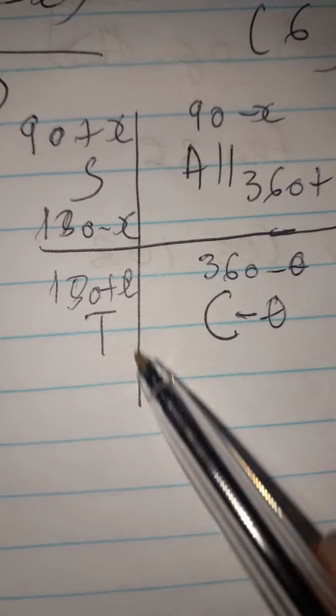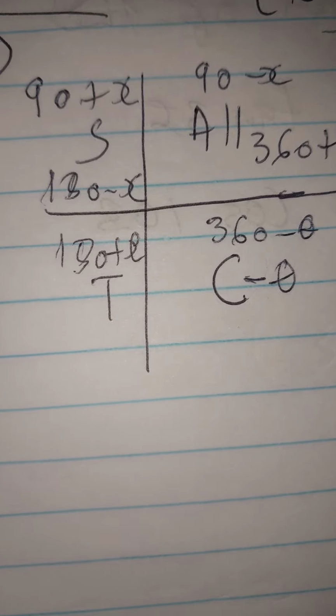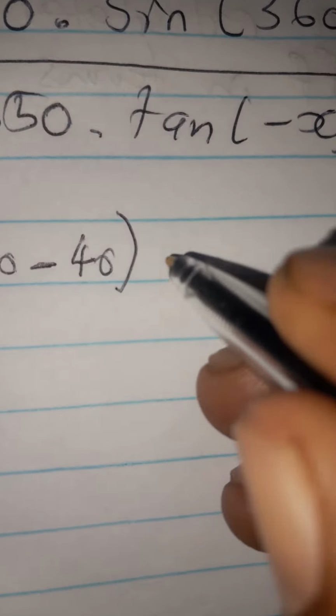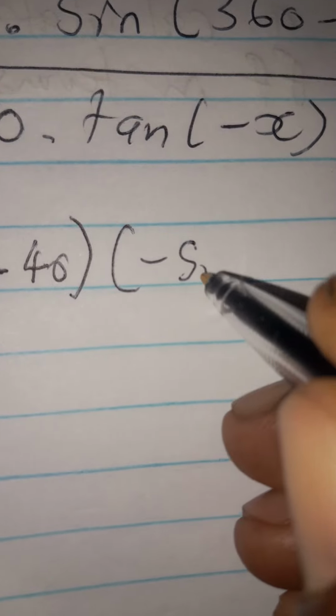So how is sine in the second quadrant? Since they were looking for sine of 180 minus x, sine is positive. So we are going to have sine x.